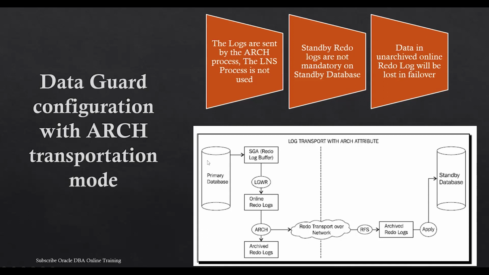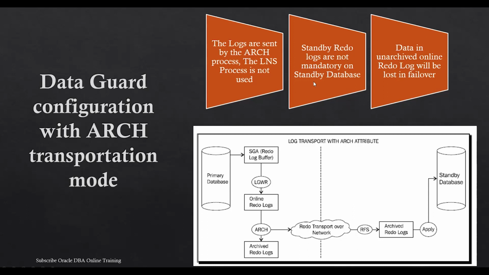Whatever change happens on the primary side is written from the redo log buffer to the online redo logs, and that is managed by the archive process. One copy will be archived as a redo log, and another copy will be transferred through redo transport over the network, and then your RFS process will receive those archives, then apply will happen on the standby side. This is the typical diagram you can refer to for your data guard configuration with archive transportation modes.